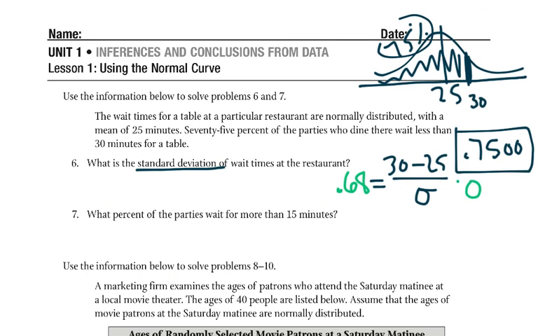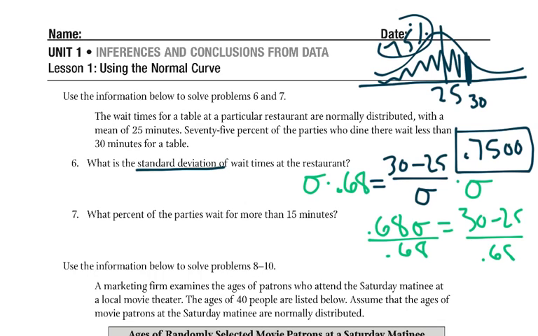So we'd times by sigma, and we'd have 0.68 standard deviation equals 30 minus 25. So we divide by 0.68. So anytime you have the percent and you're finding the z-score to find the standard deviation, essentially it should look like this.